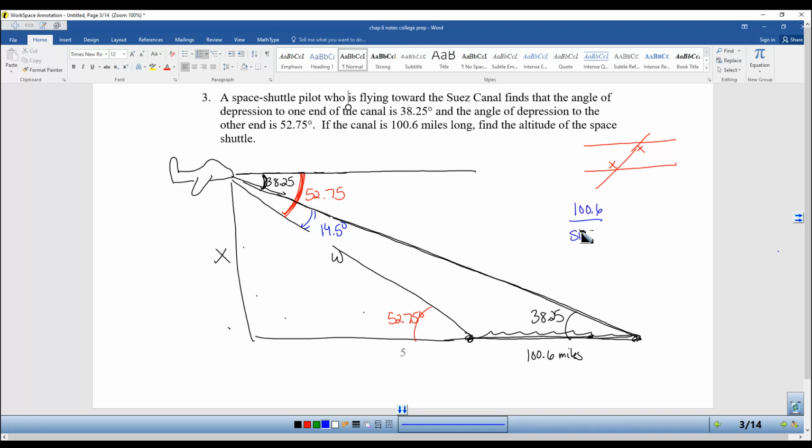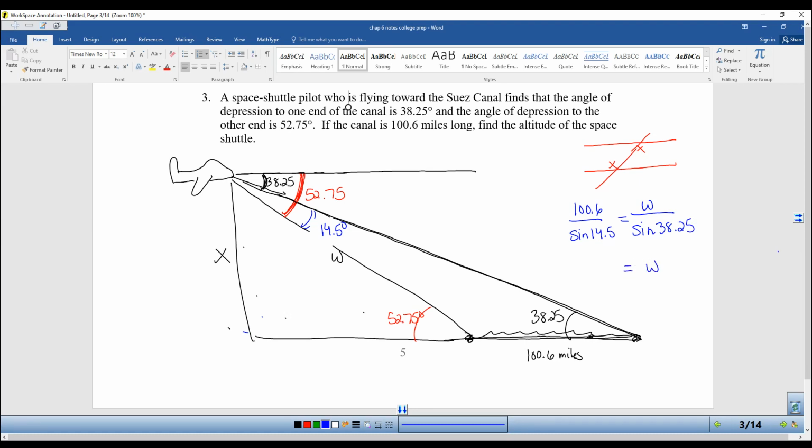100.6 is to sine of 14.5. And what do I really want to know? I want to know W. I really want to know X, but it's not part of my triangle. I want to know W, and that one is across from the 38. So I'm not even using that 52. So W is across from the 38, sine of 38.25.